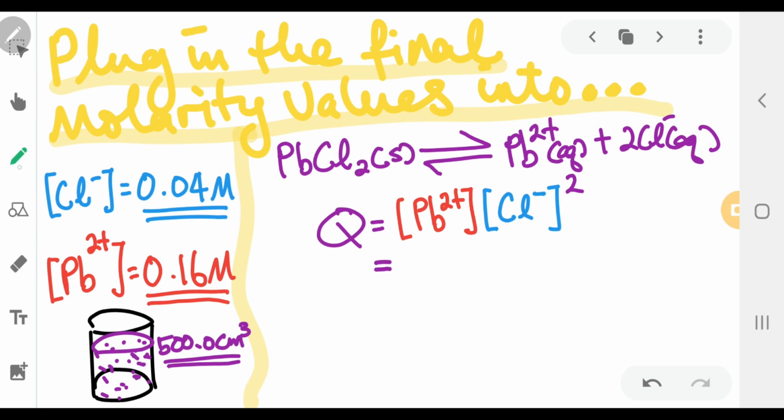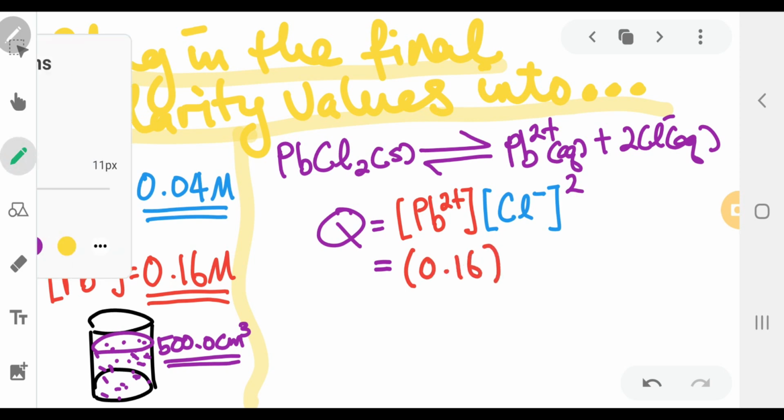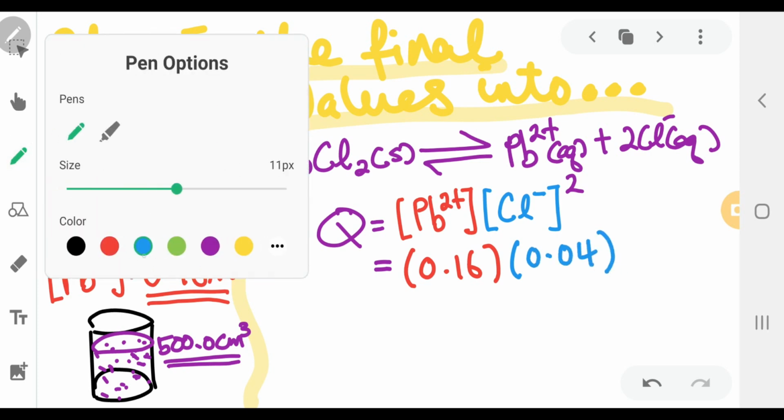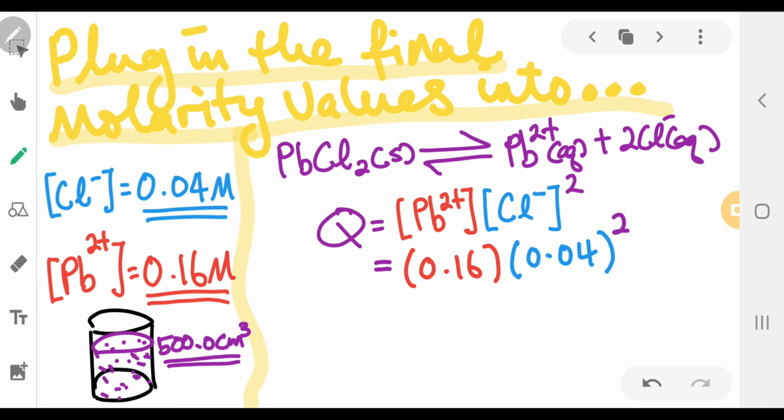So we would have 0.16 times 0.04 to the power of 2, and we would get the value of Q equals 2.56 times 10 to the power of -4.